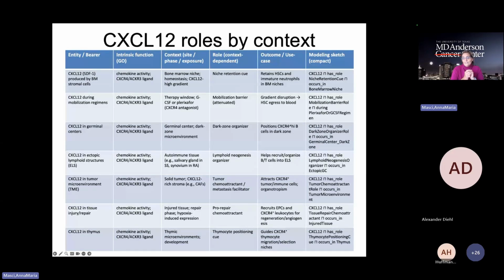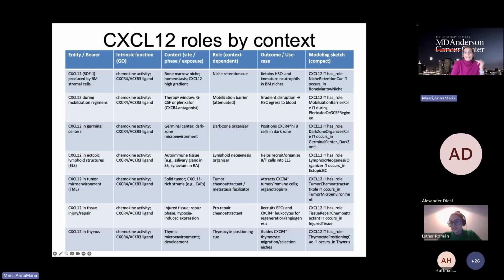In some other cases, it is going to create a barrier for lymphocytes to get in. So the effects are different depending on where, when, and in which context they are happening.